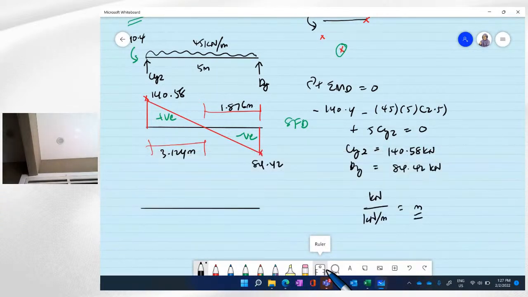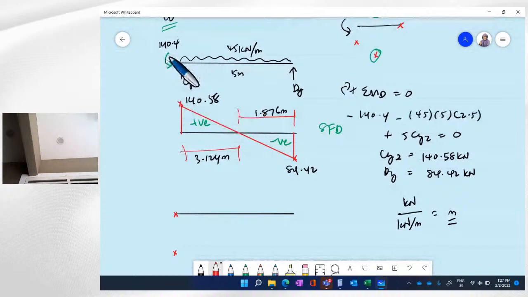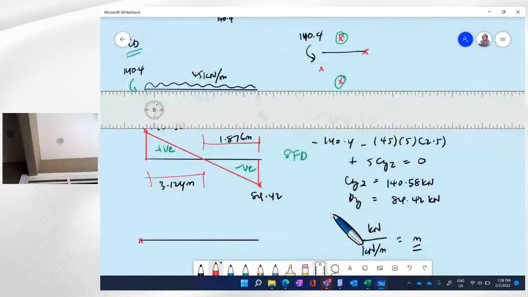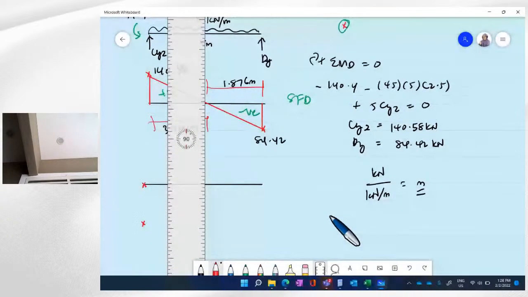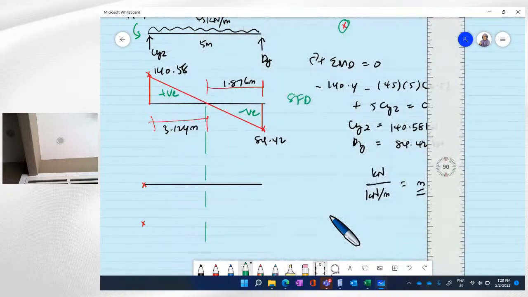It starts with 0 plus negative 140.4, so this is negative. We get the second value located at the intersection.